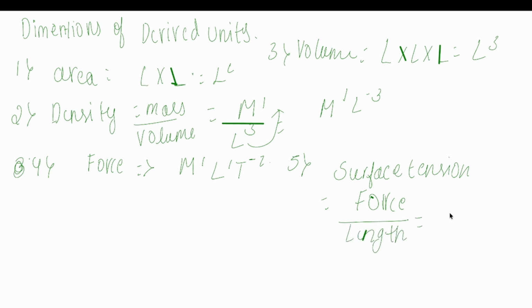As you know, the dimensional formula of force is M power 1 L power 1 T power minus 2, and length being L, so L power 1. When I shift that up, it becomes M power 1 L power 0, because it is L power 1 minus 1, so that becomes 0, and T power minus 2.